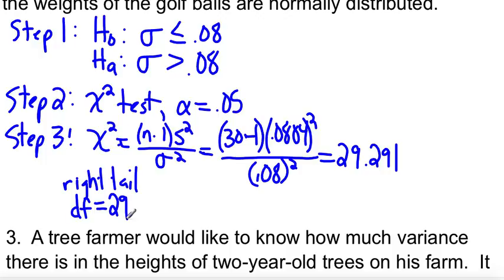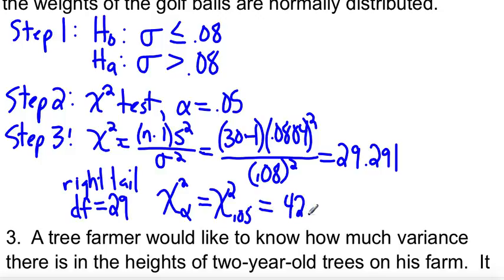Okay, so for a right-tailed test, we are looking for chi-squared of our alpha level, and you can double check that in the rejection region box. So 0.05. So take a look at your table at the row that says 29. You're looking for 0.05, and we get 42.557.